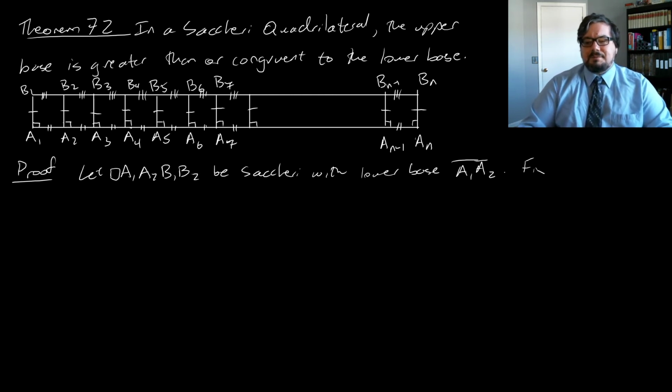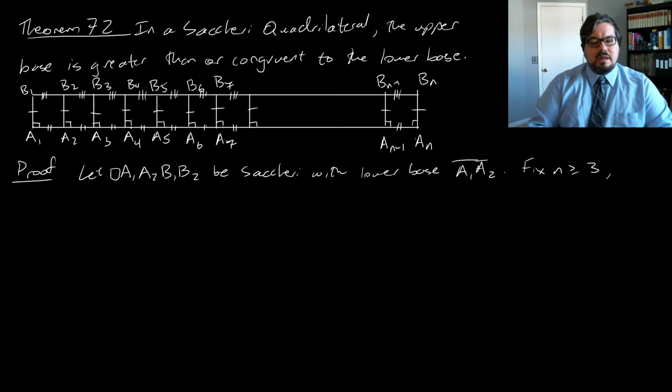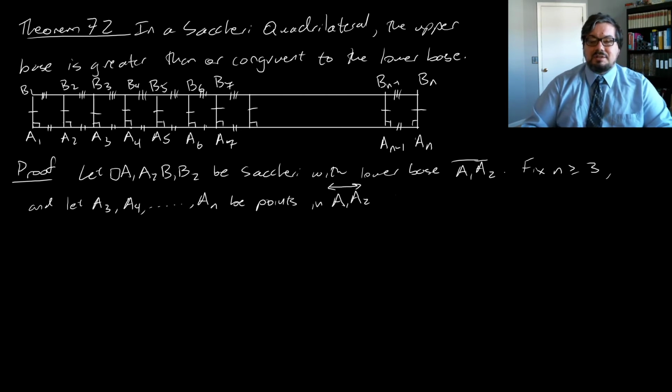So now let's fix a number n greater than or equal to 3 and let A3, A4 up through AN be points in the line containing A1 and A2 such that a few things.